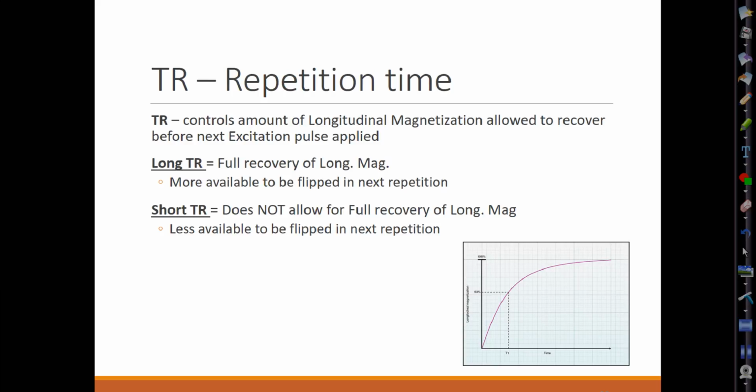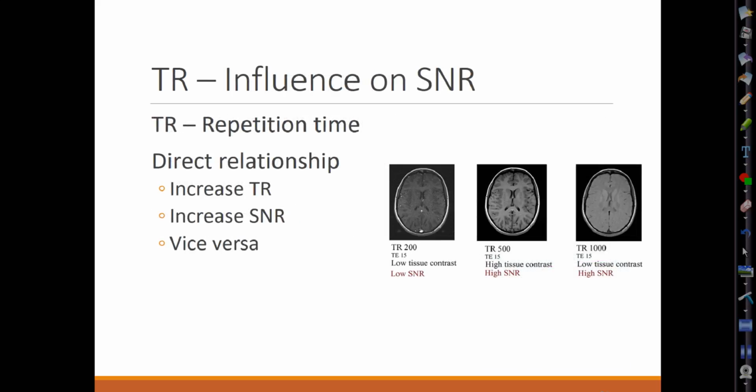But if it only regrows a little bit because our TR is short, we have a smaller vector that gets flipped into the transverse plane. So longer TR, more recovery of the longitudinal magnetization, which is available to be flipped into the transverse plane on the next repetition. So increased TR, increased signal.